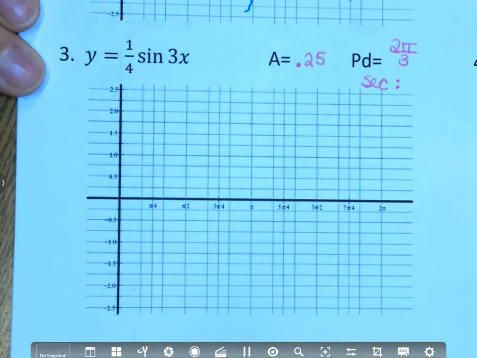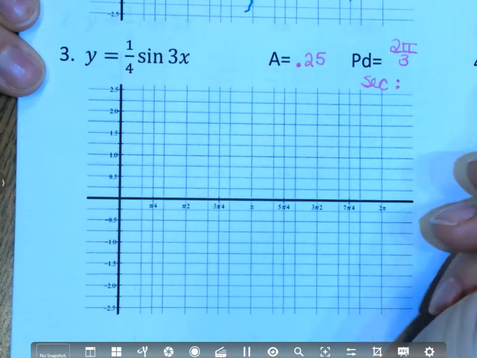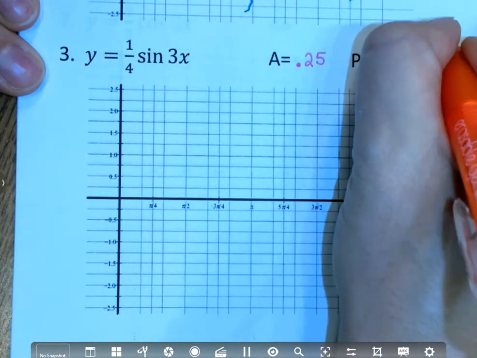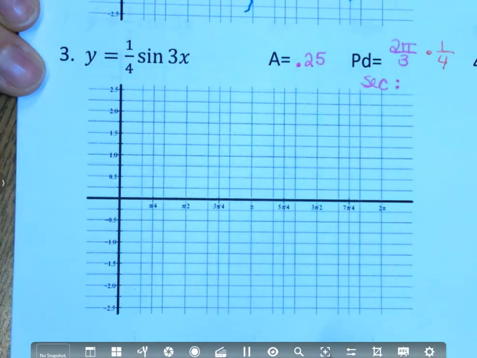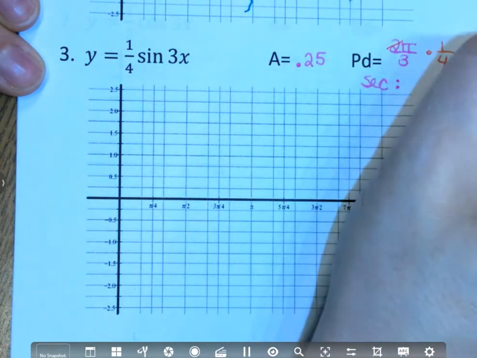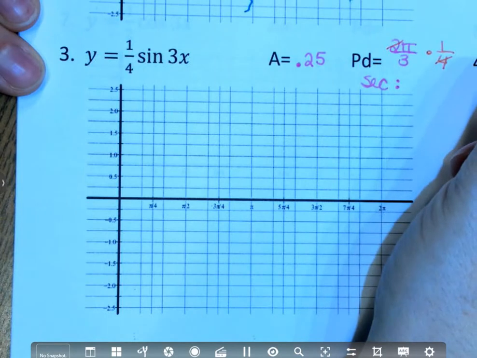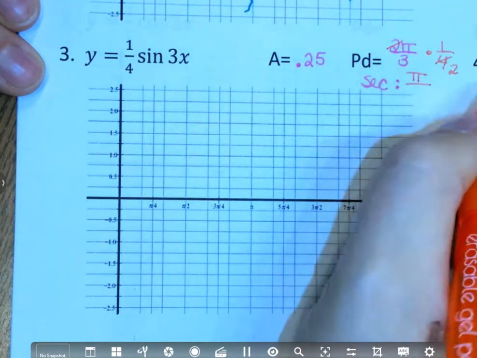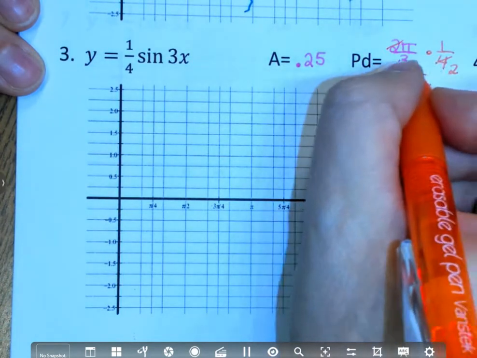Divide by 4. Dividing by 4 is the same thing as what? Multiply by 1/4. And if I were to multiply by 1/4, 2 goes into 4 how many times? So that'll be pi over 6.